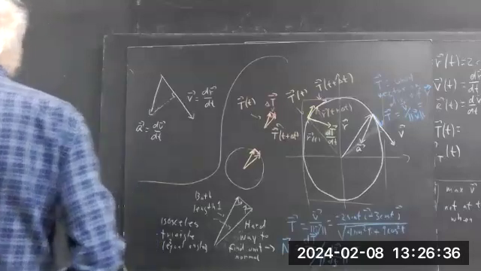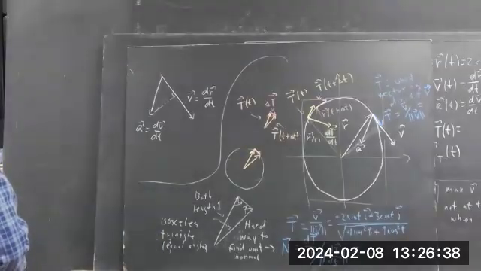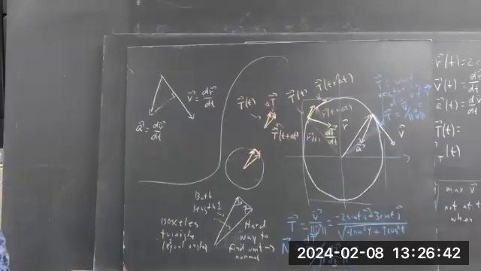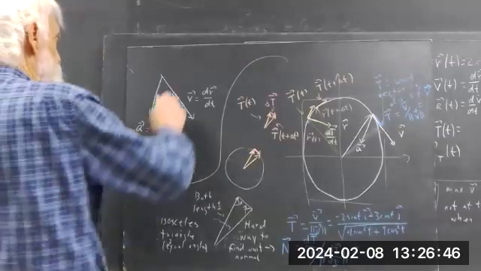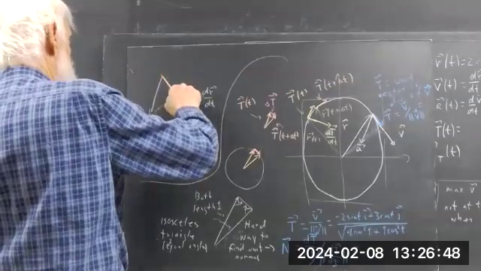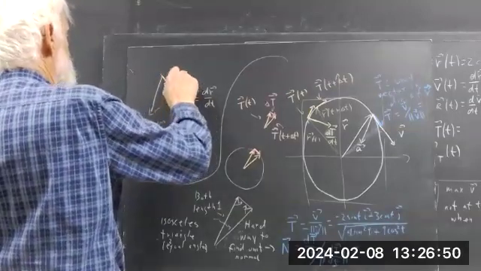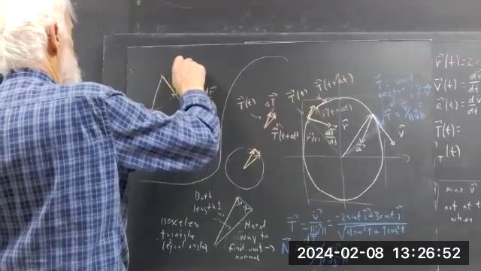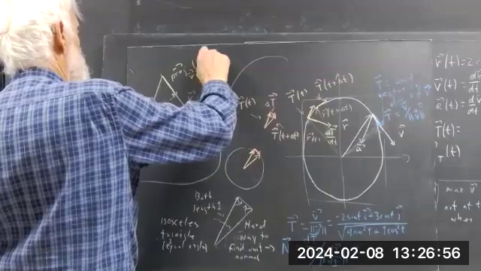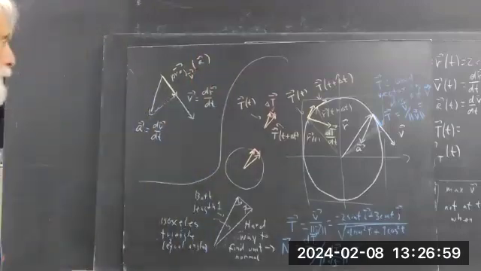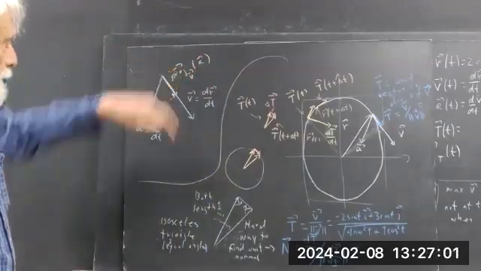Find the vector projection of the acceleration vector on the velocity vector. It's a projection of B on A.